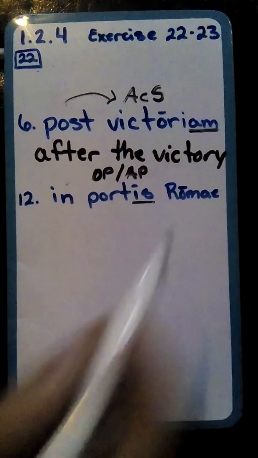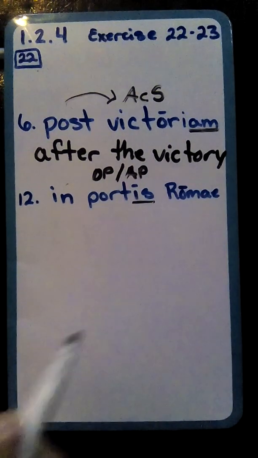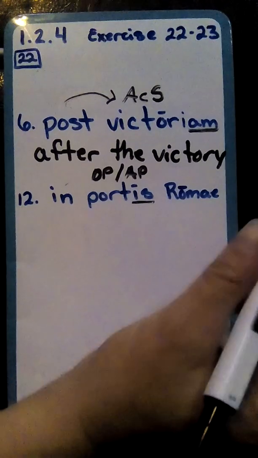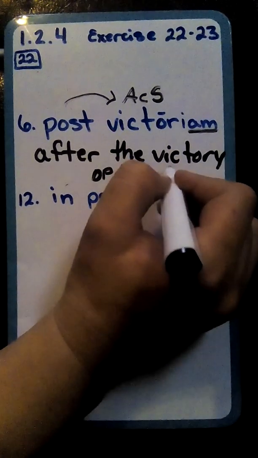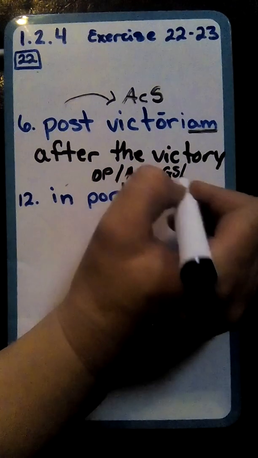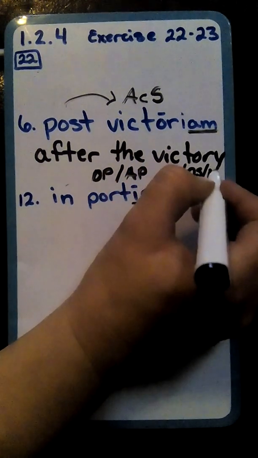Now, Romae comes from the word Roma, Romae, and that's the first declension also, the ae, and the ae can be either genitive singular, dative singular, or nominative plural.